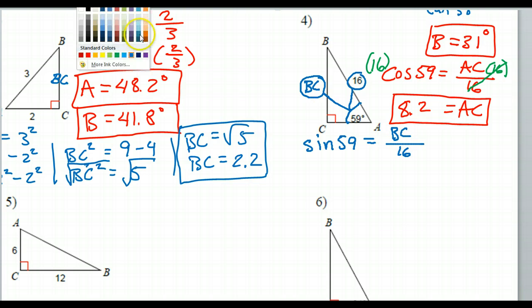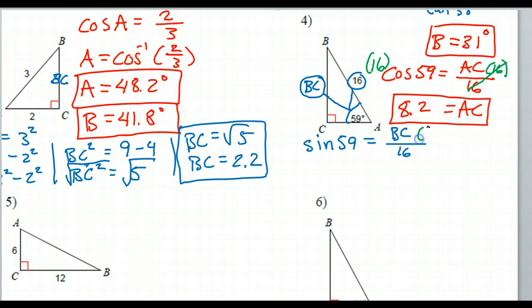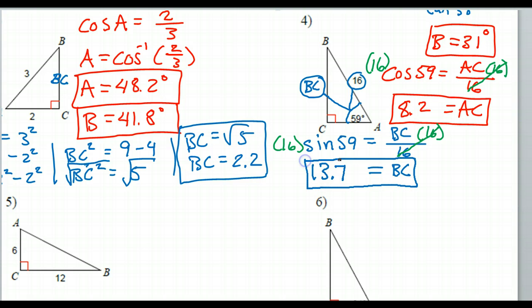Once again, the unknown is in the numerator, so I will simply multiply. So these 16s cancel each other out, and that's going to give me BC equals 16 sine 59 in the calculator, 13.7. All right, was that all three things? 1, 2, 3. So that one's done.